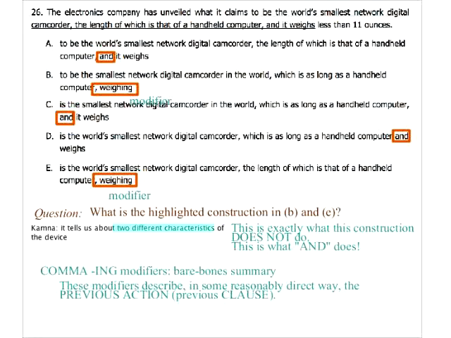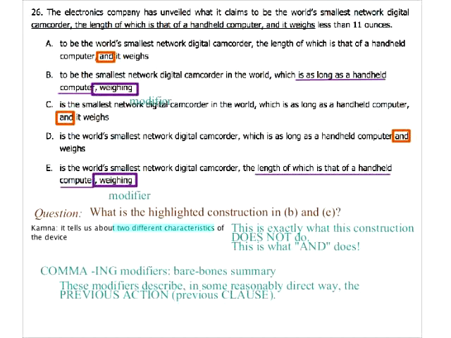So, previous action. In B and E, that's incorrect, because those don't have anything to do with each other. The previous action is this. That's talking about how long it is, and weight doesn't describe length. These are different facts. You might say in a vague sort of way that they're both facts about how small it is, but they're different dimensions. One of them is length, one of them is weight.